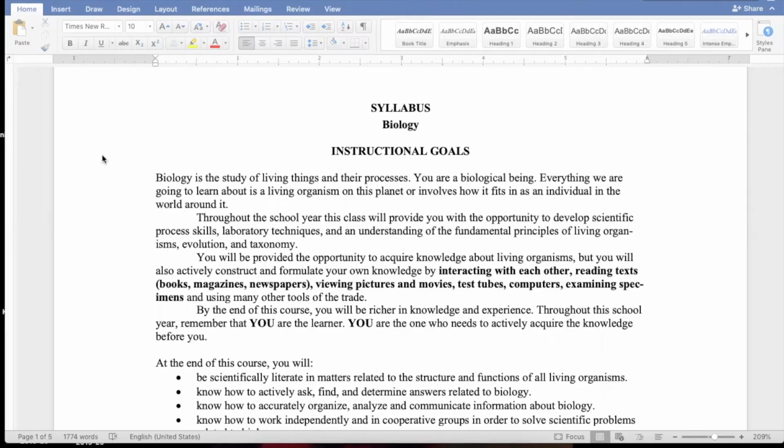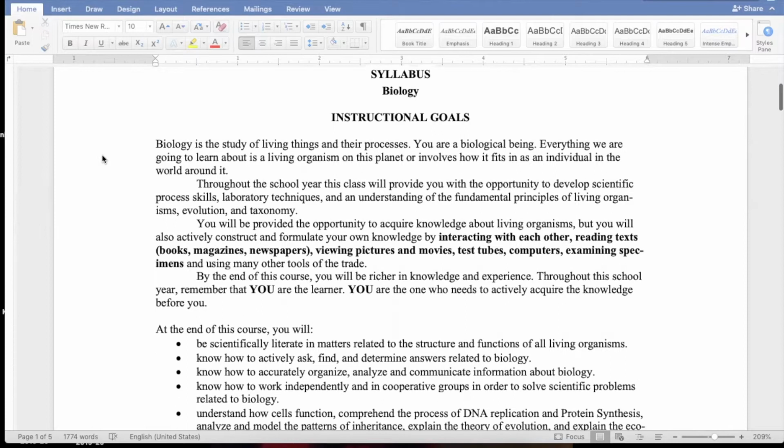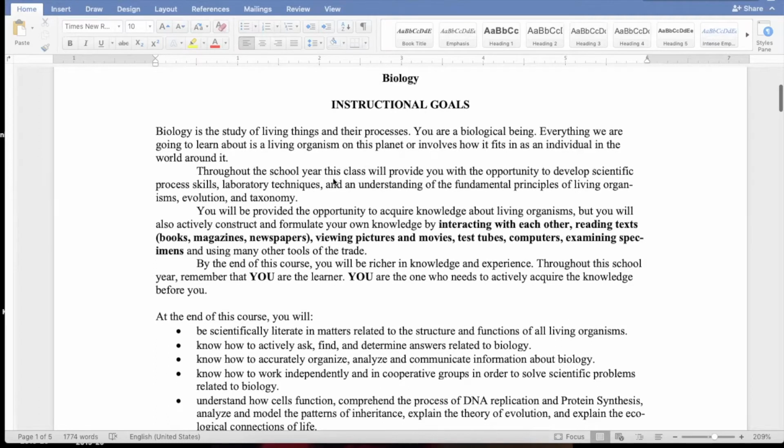Biology, instructional goals for biology. Biology is the study of living things and their processes. You are a biological being. Everything we are going to learn about is a living organism on this planet or involves how it fits as an individual in the world around it. Throughout the school year, this class will provide you with the opportunity to develop scientific process skills, laboratory techniques, and an understanding of the fundamental principles of living organisms, evolution, and taxonomy.